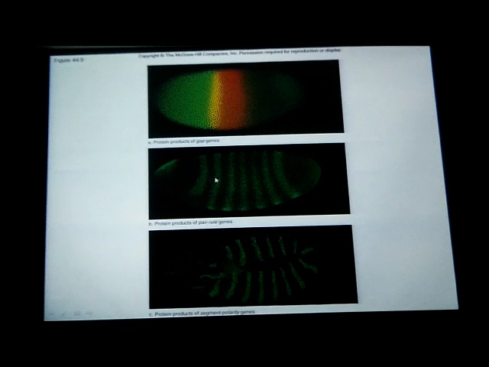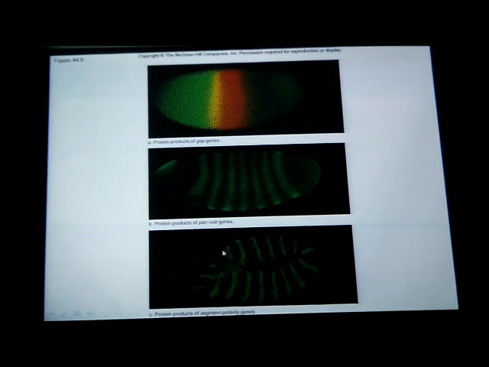Here's some other proteins that have been fluorescently labeled. And do you see how they're in lines here? These lines become the different segments of the fruit fly's body. These proteins are determinants that are in the original egg that somehow tell that area to become the different segments of the fruit fly's body.